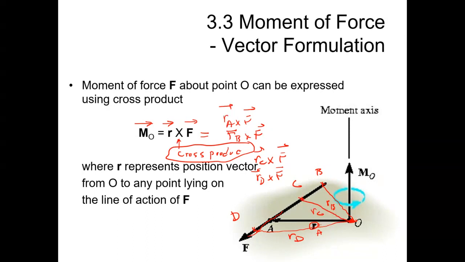So I took 4 points. All 4 points are sitting on the vector. And then I constructed the position vector from the point of rotation to that point. Now my question is, which one is the correct vector of moment?